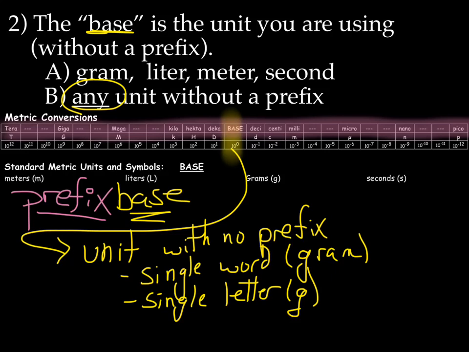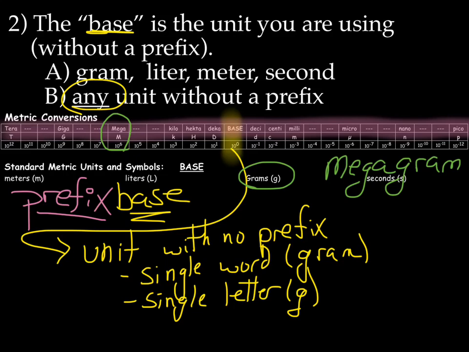Let's try writing a few metric units. Let's say I had this and this, the two green things. The prefix is written first, so it would be written as mega, and then the base is grams, megagrams. We could also write it in abbreviated form, which would be capital M for mega and lowercase g for grams.